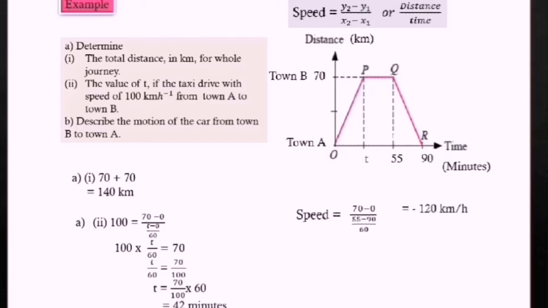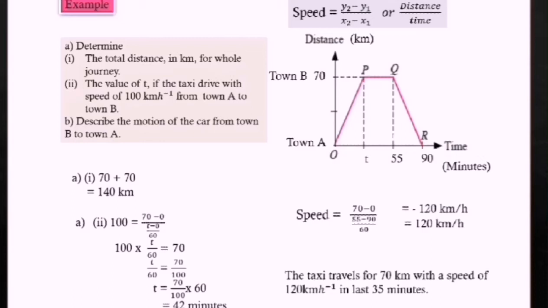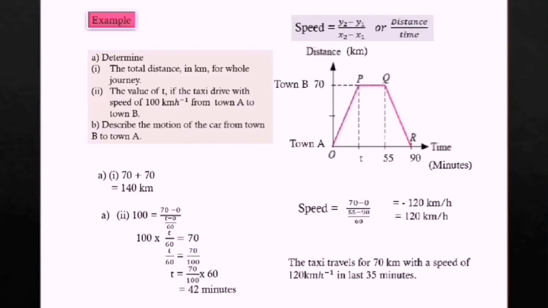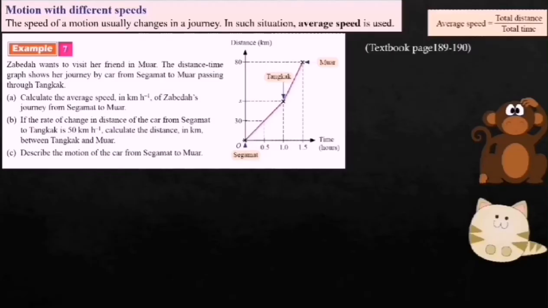Equals negative 120 km per hour. So as we know, we cannot write speed in negative. So automatic change to positive, right? 120 km per hour. So how to describe? The taxi travels for 70 km with a speed of 120 km per hour in last 35 minutes.